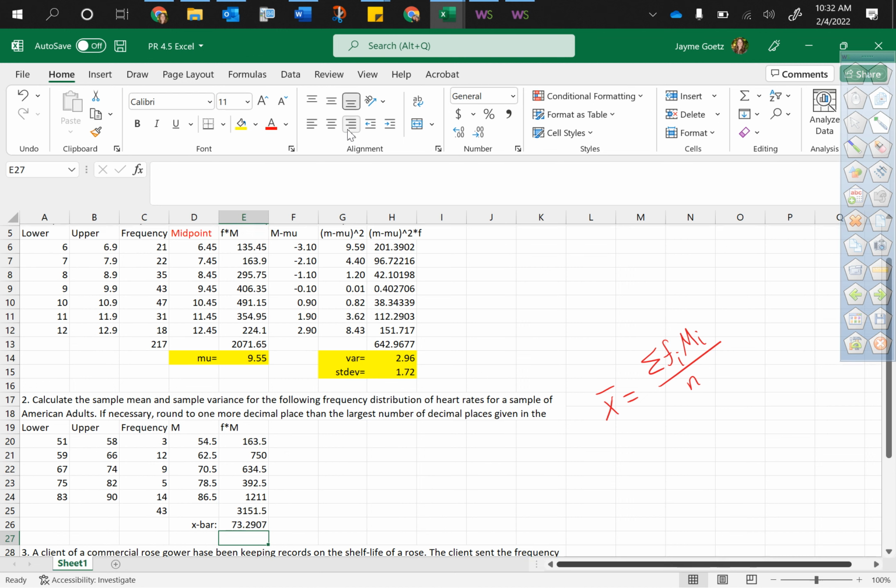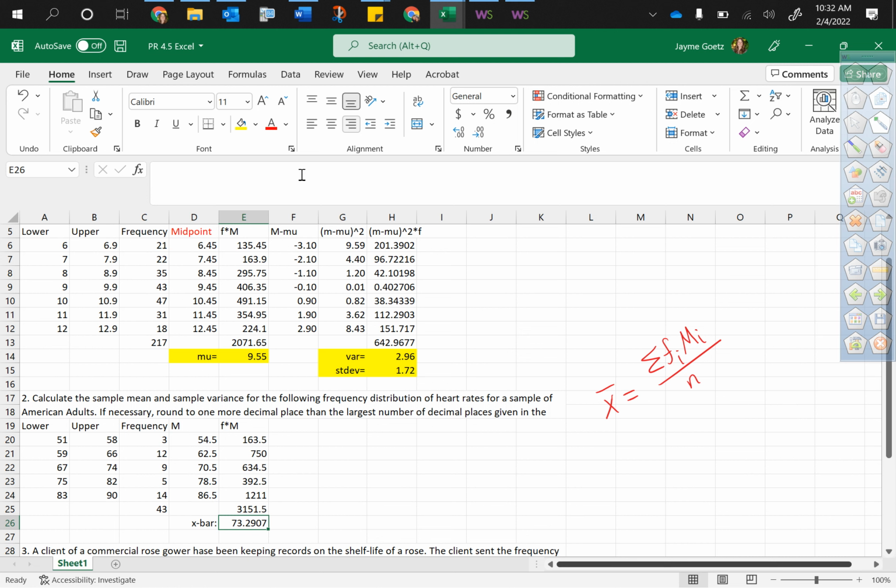Awesome. And then what did they say to round it to? They said round it to one more decimal place than the largest number of decimal places given in the data. So what's the largest decimal place in the data?